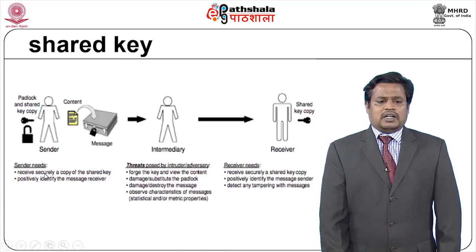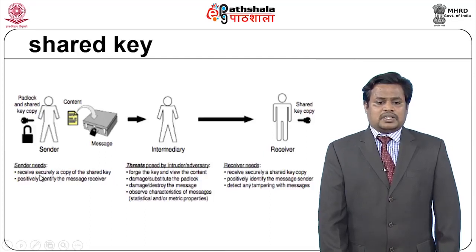The sender needs to securely receive a copy of the shared key, and positively identify the message of the receiver. So when I send a message, the sender has to share a copy of the key, that is the first step.